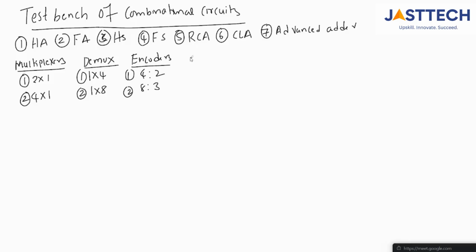And next decoder, 2 is to 4 decoder, and next you are going to study about 3 is to 8 decoder and code converters. So what are the code converters?